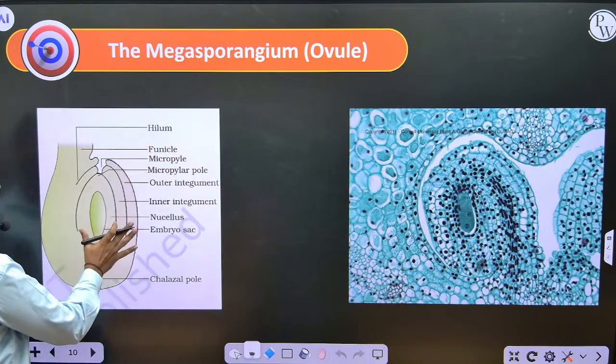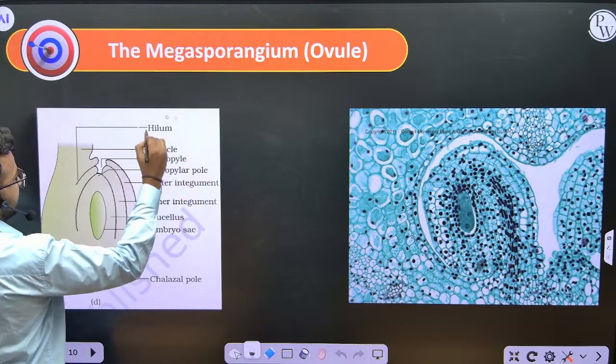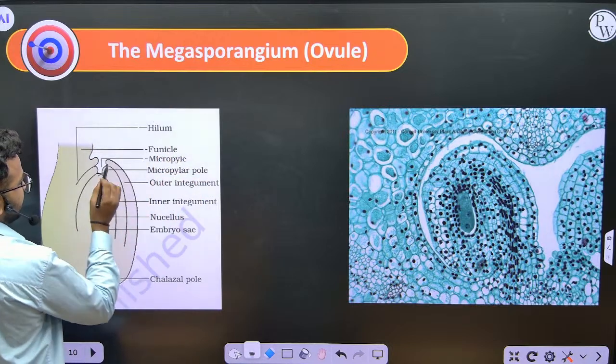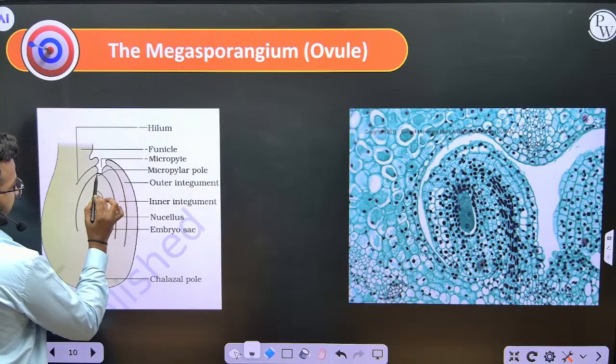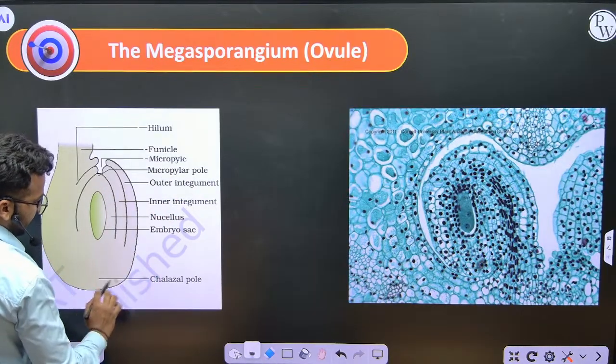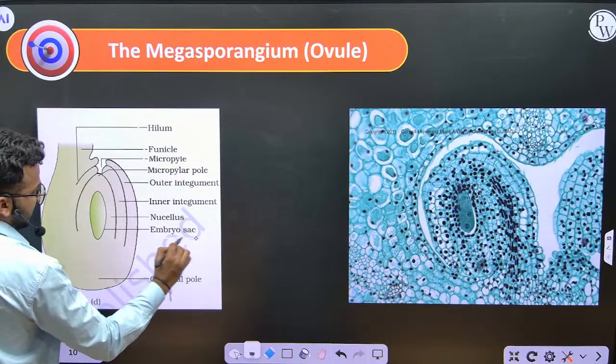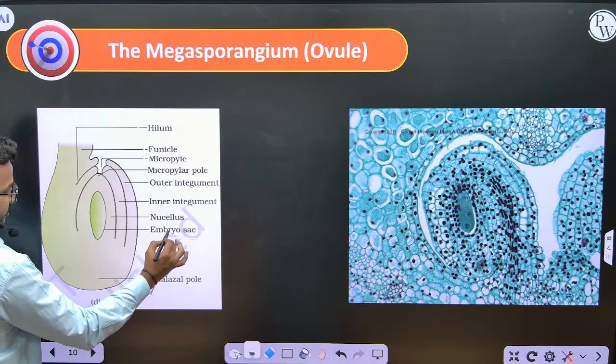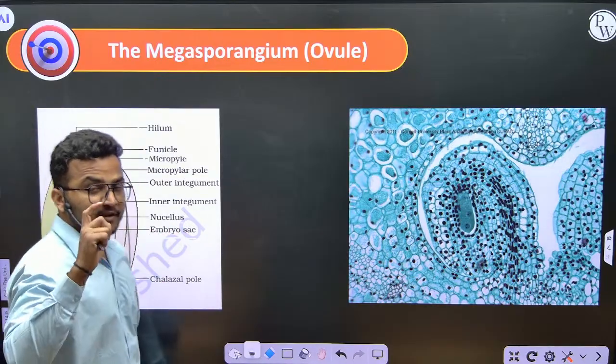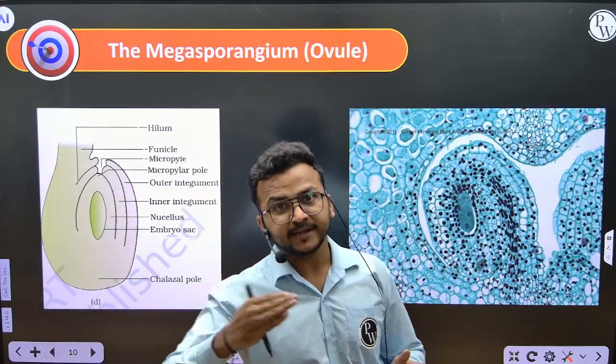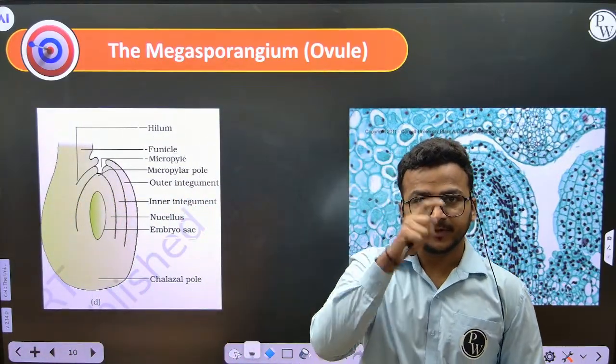So this is the megasporangium. Here the hilum is there, the funicle is there, and the micropyle is at the micropylar end or pole, opposite the chalazal pole. This is the embryo sac, and the tissue surrounding the embryo sac is the nucellus. Remember, immediately next to the embryo sac there will be nucellus tissue.